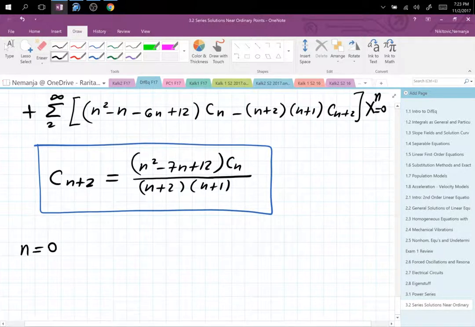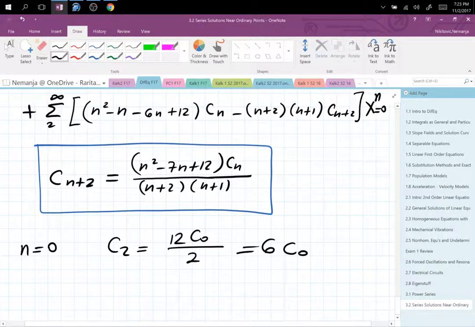So n equals 0 gives us C2. When we plug in 0, it is 12 C0 divided by 2, which is 6 C0. For n equals 1, it's C3.